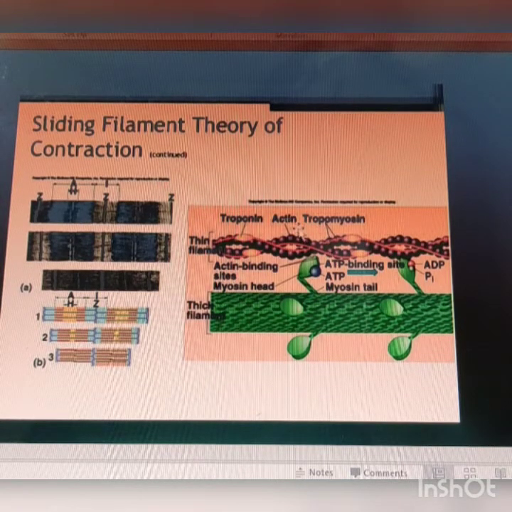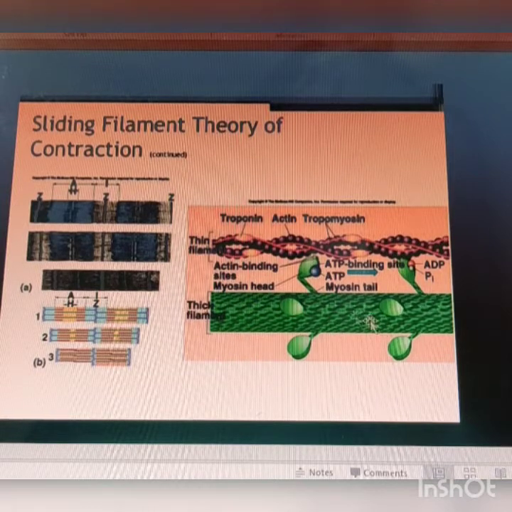You can see here the actin filament. There are ATP binding sites and ATP which is bound. The myosin tail, the actin binding site of myosin head.